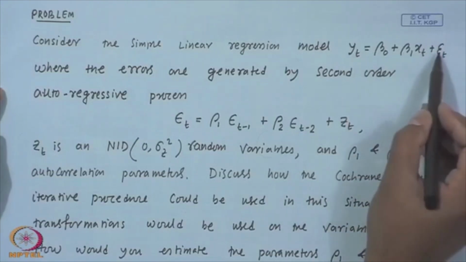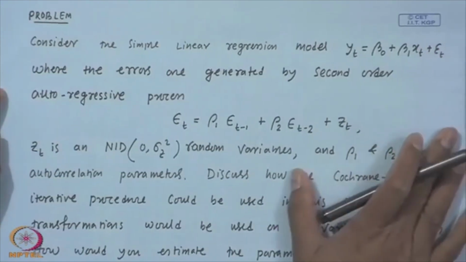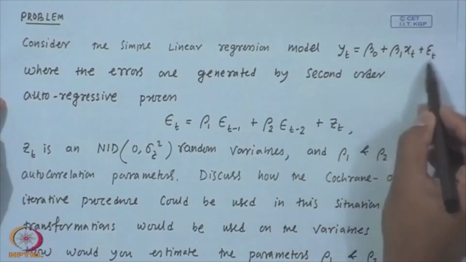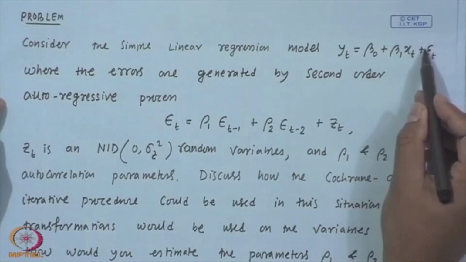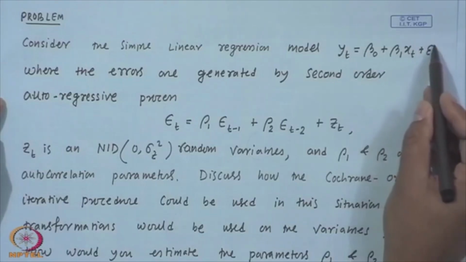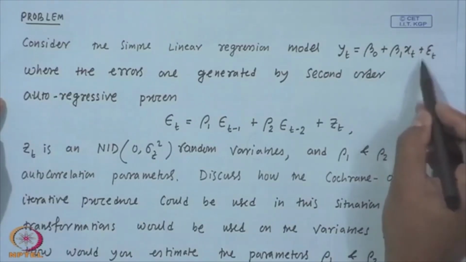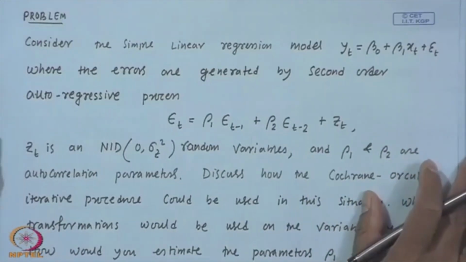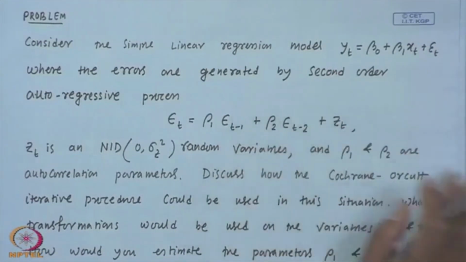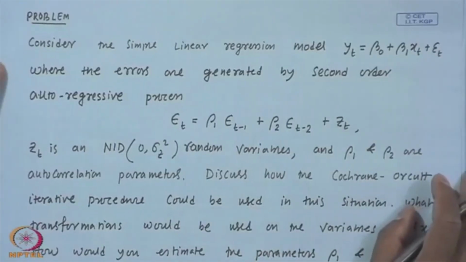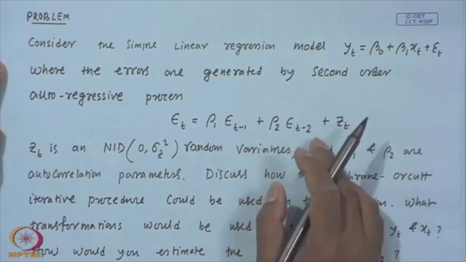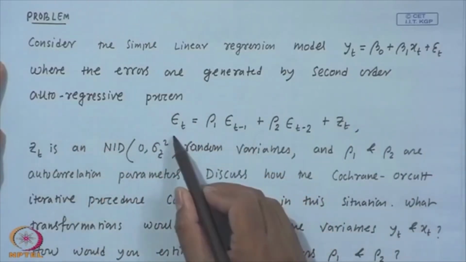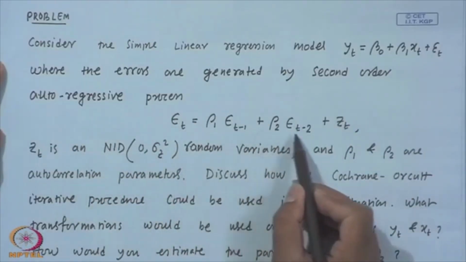And in case of time series data, we know that this epsilon t, the error terms, are not independent, they are basically correlated, and here it is given that the errors have a second order autoregressive relation.